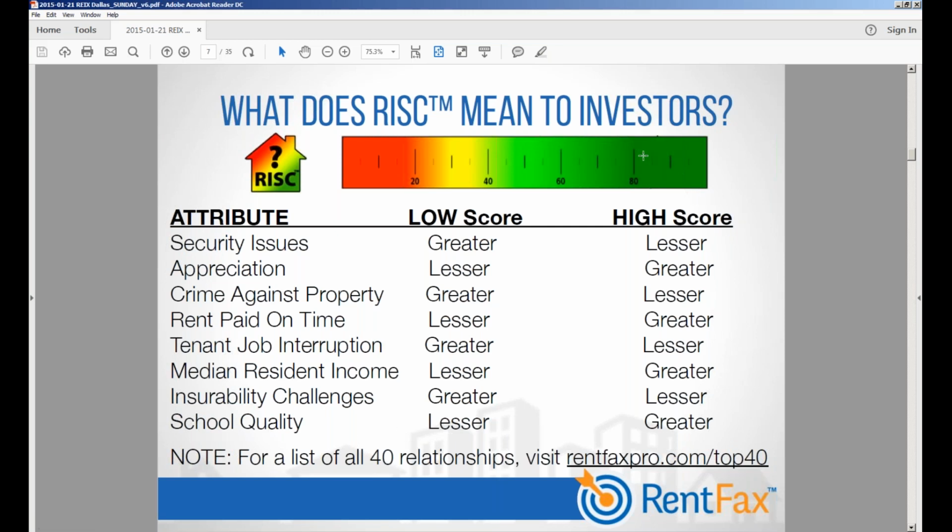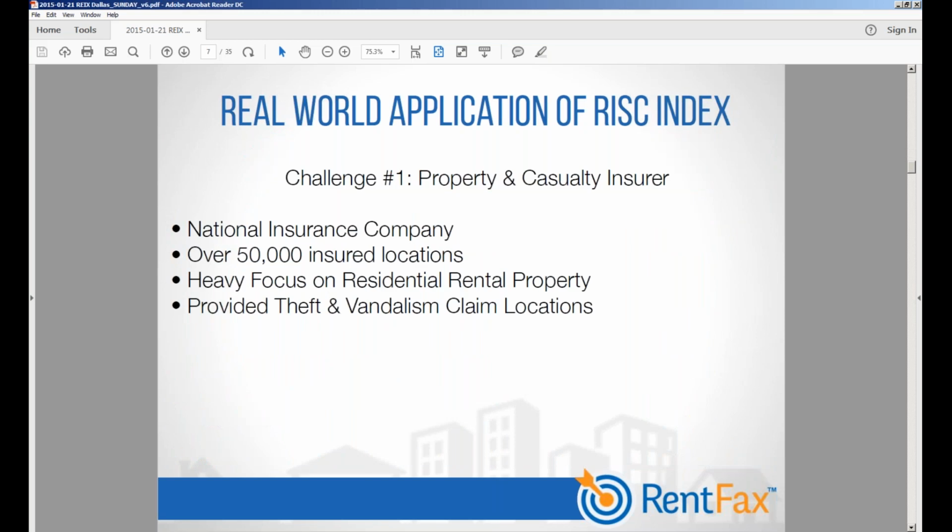The higher stability rental income locations tend to have higher school quality. Tenants move in because they like the schools, and they tend to stay in those neighborhoods and want to keep their kids in those better schools. So again, just another example in all these attributes.